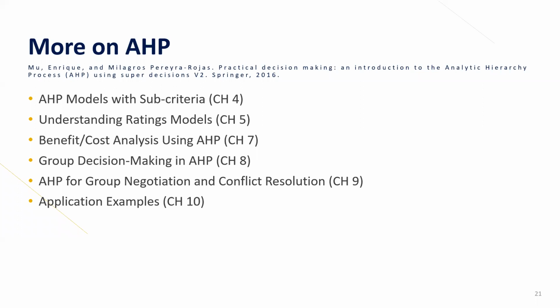So I think this is one important chapter that you might want to take a look at. And from that group decision making, perhaps we can use it for group negotiation, conflict resolution and so on. And there is a practical example of application of AHP in a real industry case in the last chapters.